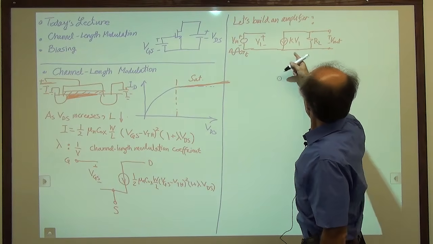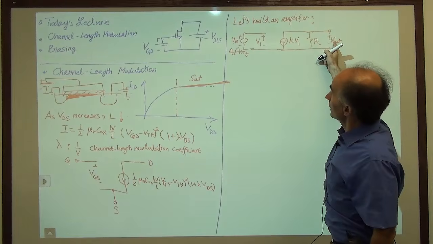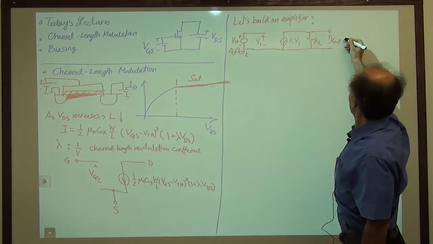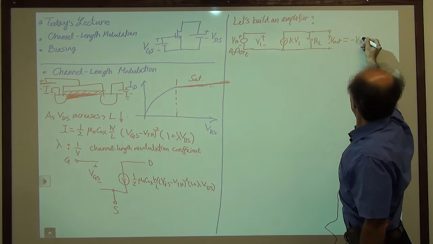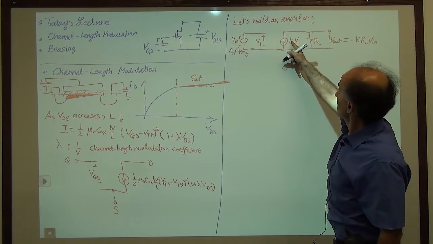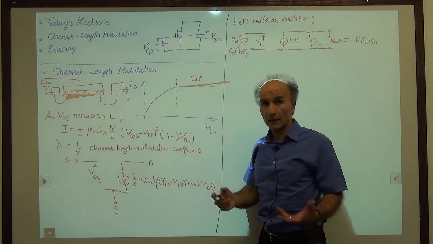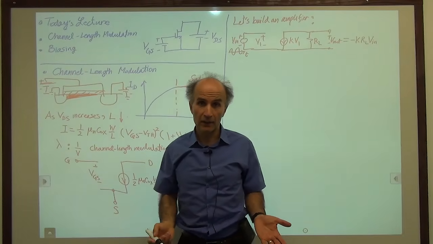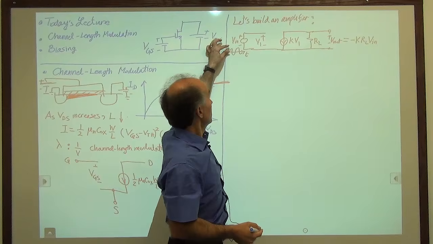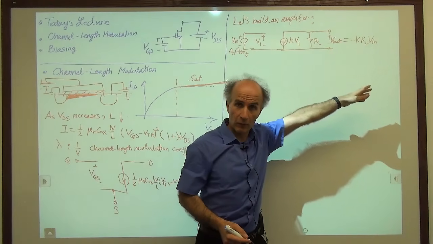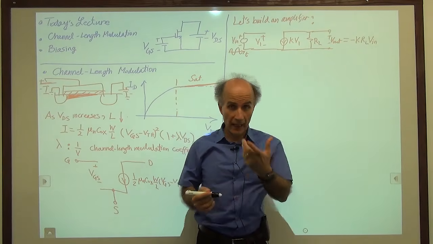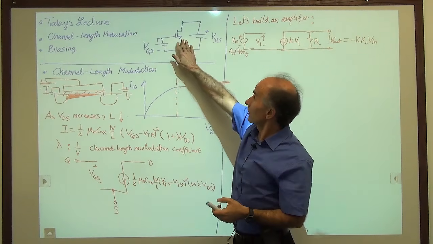Then what we expect is that V out becomes proportional to V in. In fact, if you remember, V out was equal to minus K times RL times V in. And if KRL, this constant times this RL, is large enough, we have amplification. Let's say KRL is 10. So if we have a 1 millivolt swing here, we get a 10 millivolt swing at the output. And that's amplification.